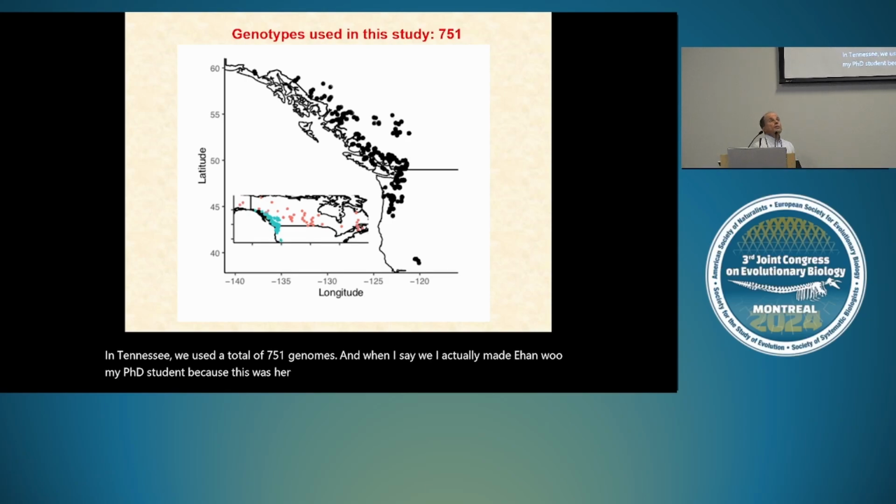I also like to note that Ihan was the one who conceptualized the project, and she's been a really major driving force of the project, so I'd like to give her credit for that. And you can see that these populations are spread across the range in British Columbia, with an emphasis on ones that are close to the coast or within the mountain range, as well as down into Washington State.